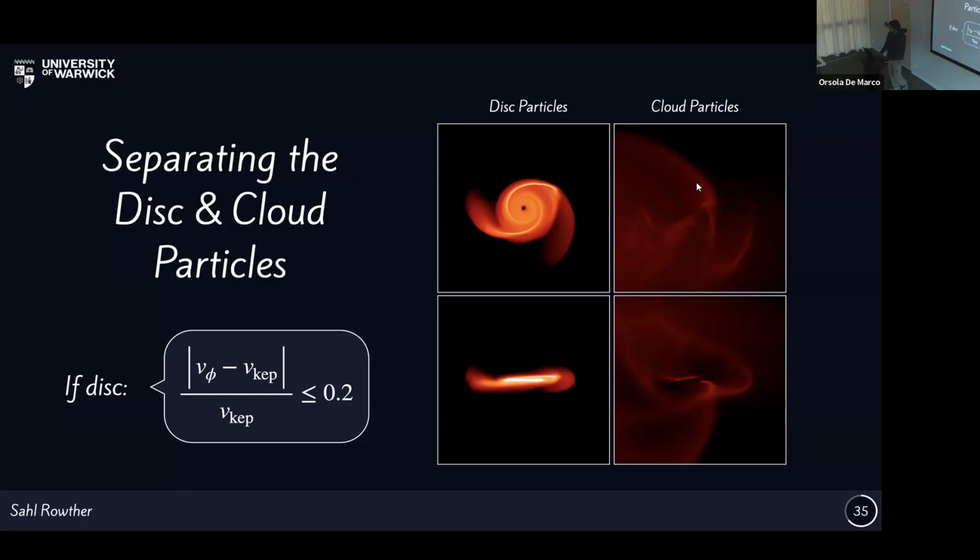You can see that the infalling cloud surrounds the entire disk. So in an isolated disk, the photons that propagate from the disk can eventually just escape into empty space. But because of this infalling cloud, it can absorb some of the stellar irradiation and emit it back onto the disk, heating it up.